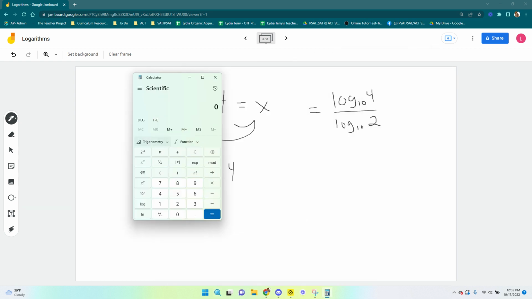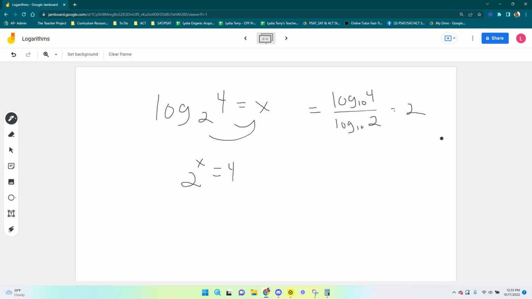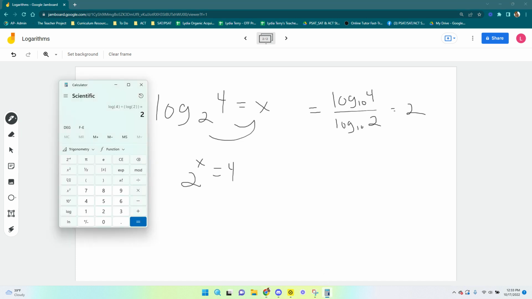Let's check it out. 4 log divided by 2 log. Yep, that's correct.